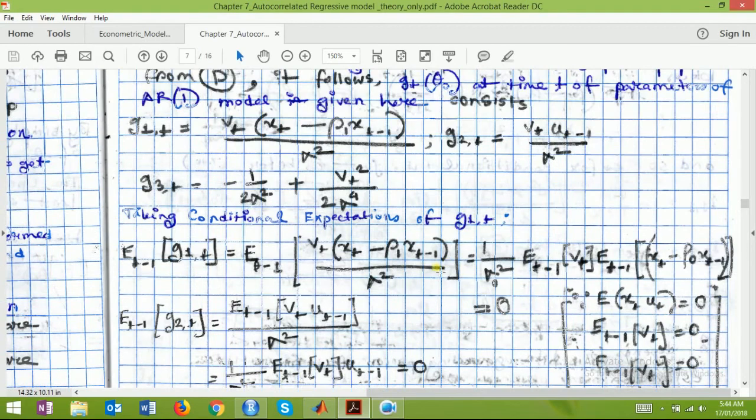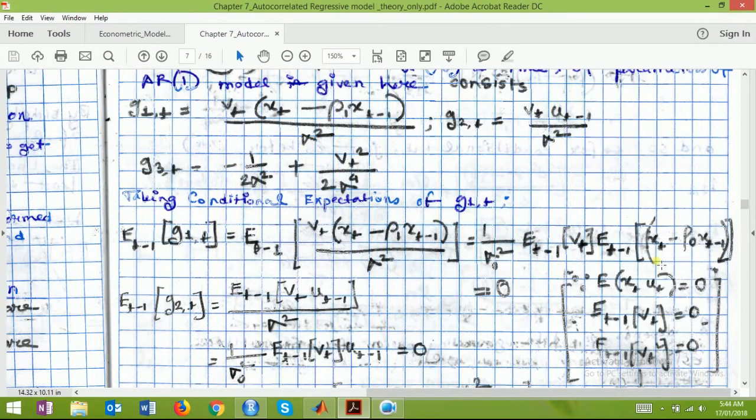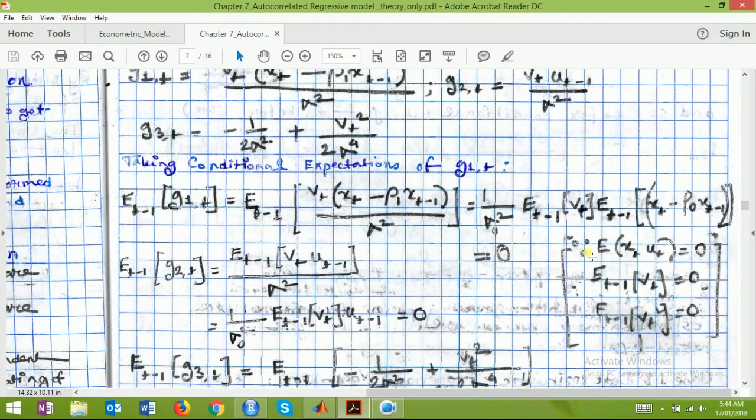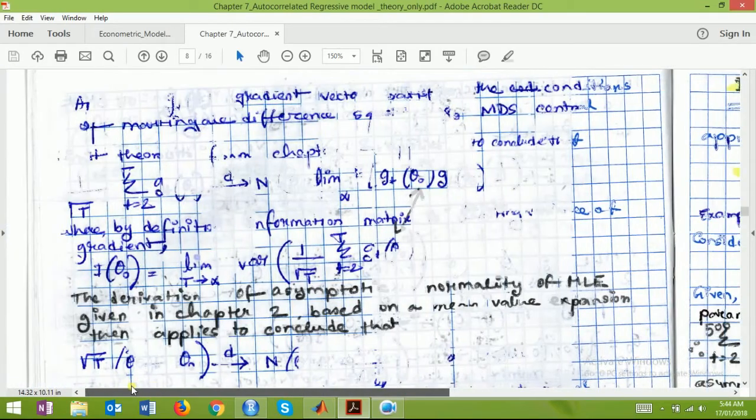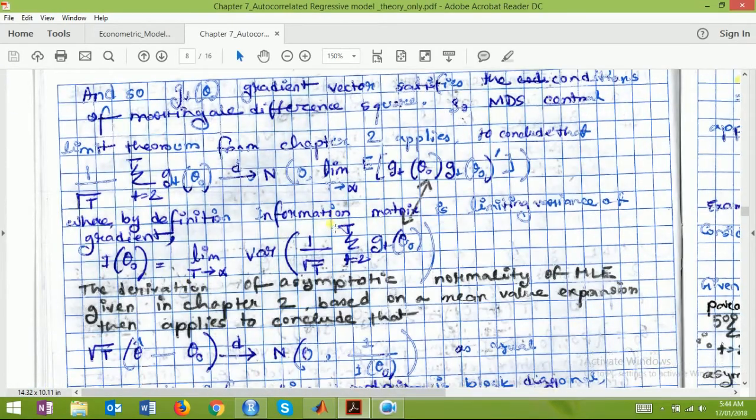Taking conditional expectation of g1t, we have 0. Oh, this is just proving that taking conditional expectation and updating well. This was a proving problem in distribution.